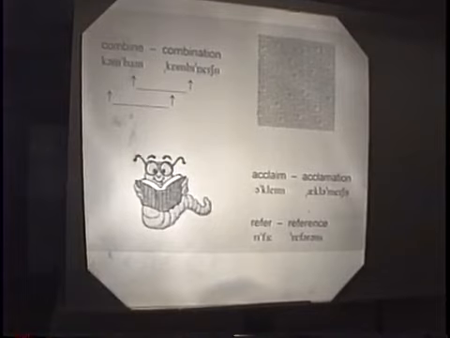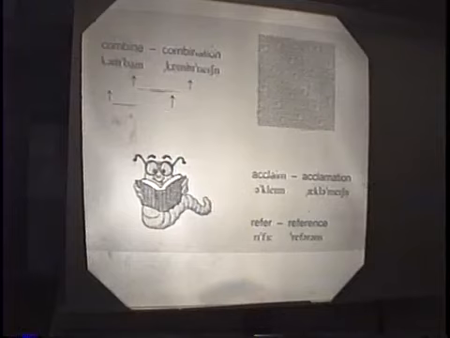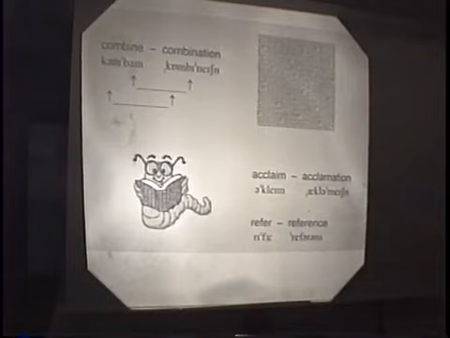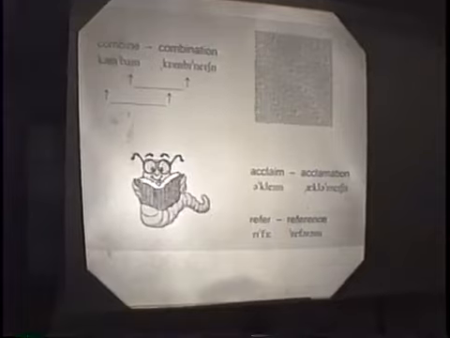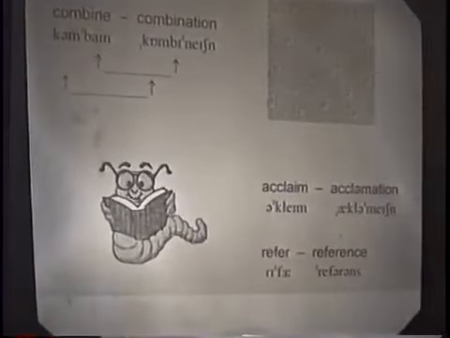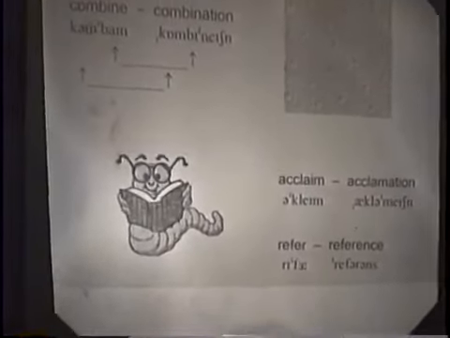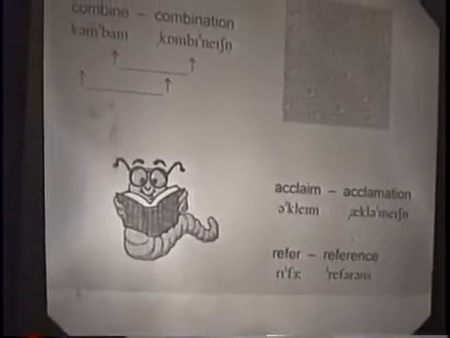This is the effect of the secondary stress on the initial syllable of combination, which is not there in combine. Same sort of thing down at the bottom in acclaim, with a weak initial vowel, but acclamation with initial a. And the a in acclaim switches to another vowel in acclamation. And then again in refer, reference.